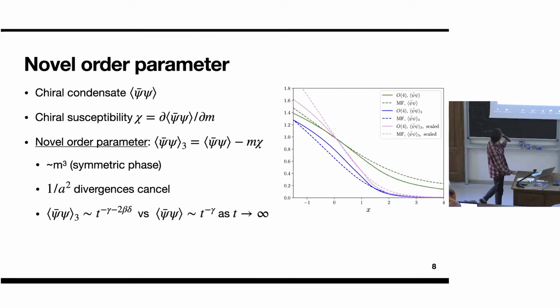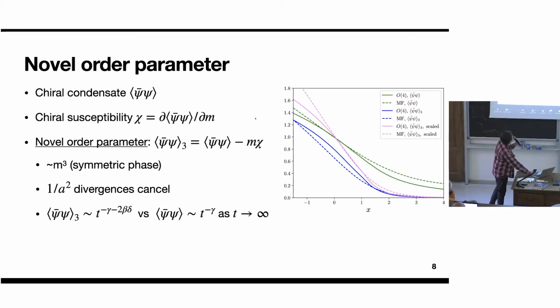Let's have a look at this order parameter a bit closer. In our case, if we take the chiral condensate, then its derivative with respect to mass is the chiral susceptibility, and it's just psi bar psi minus m times the susceptibility.